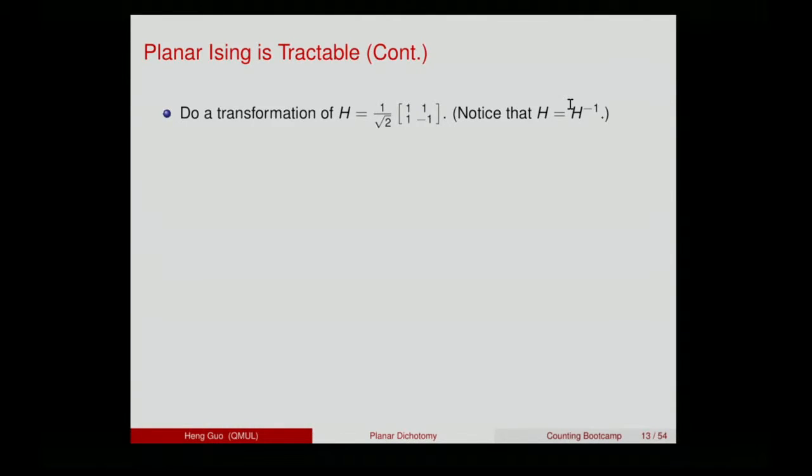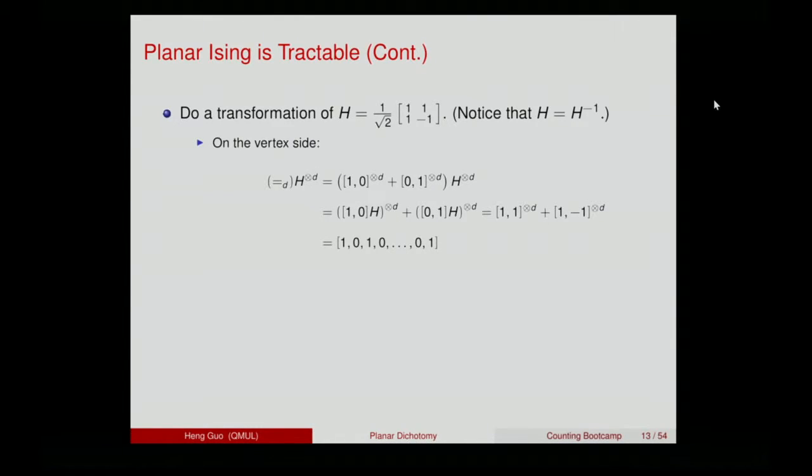Then we do this transformation H, which is the Hadamard matrix. This H is its own inverse, so when we do the transformation, we do H on both sides. On the vertex side, we rewrite this equality in tensor form, which is (1, 0) to the tensor d plus (0, 1) to the tensor d.